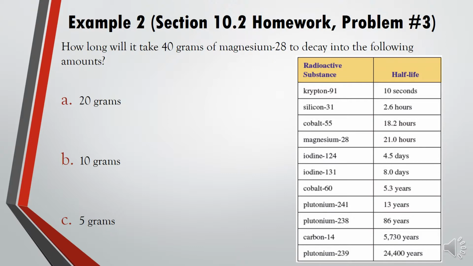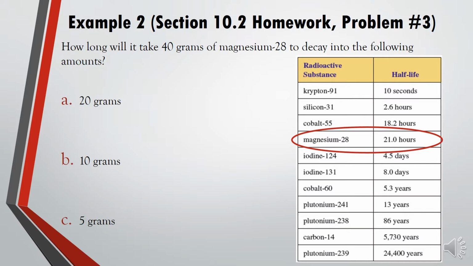Now, this problem is asking, how long will it take 40 grams of magnesium 28 to decay to the following amounts? 20 grams, 10 grams, and 5 grams. We're starting with 40 grams, and part A wants to know how long it is going to take for magnesium 28 to decay to 20 grams. Let's look at magnesium 28 on our table.